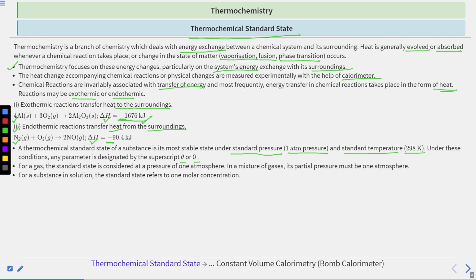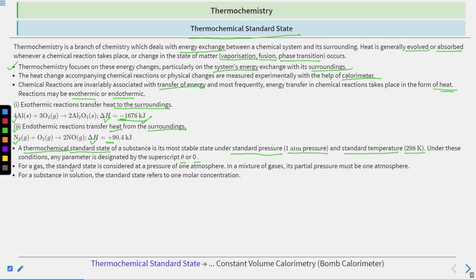So we are defining here the thermochemical standard state of a substance: the most stable state under standard pressure and standard temperature, that is 1 atmosphere and 298 Kelvin respectively. Under these conditions, if we want to state a parameter as standard state, we put a superscript on it, which is either theta or naught, or zero.